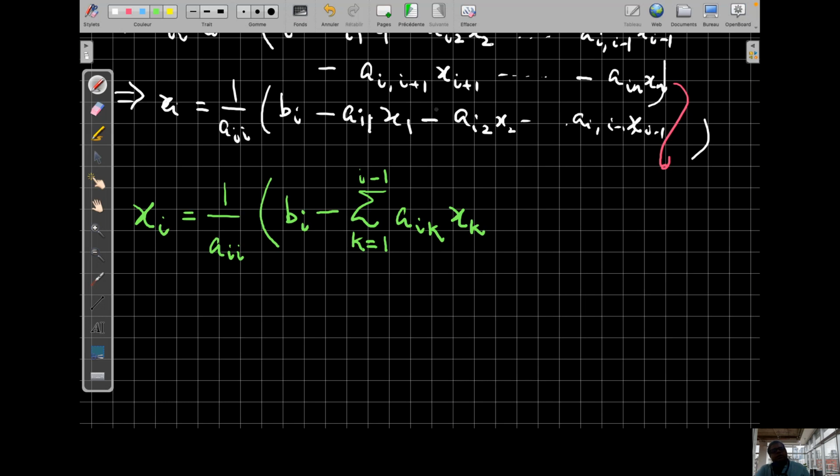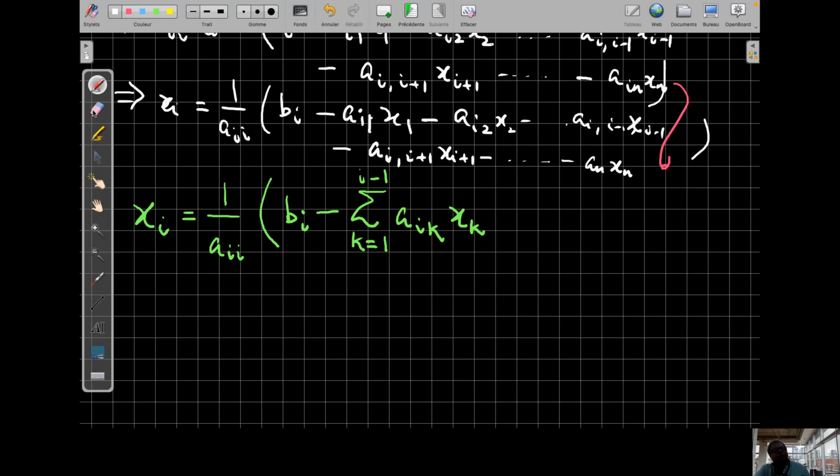Now, in this particular expression, what is going to come? The things will begin from a_i,i+1 x_i+1. You see, it will start from x_i+1 and then go on, up to a_in x_n. This is what is going to happen.